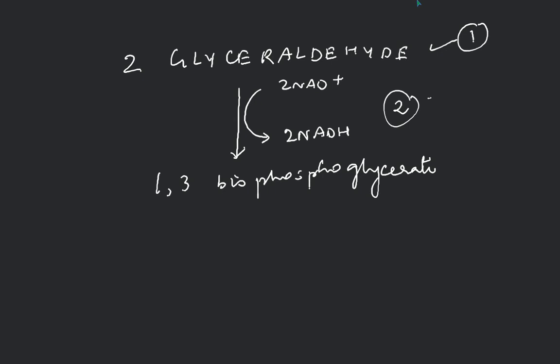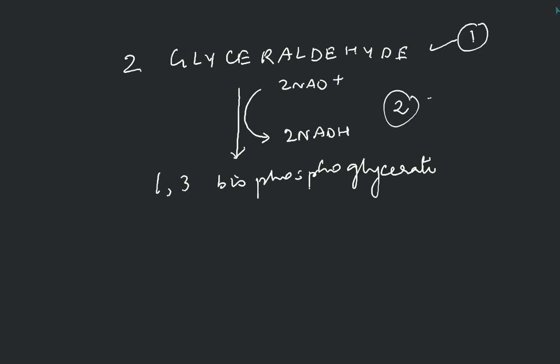In the next step, two ATP molecules are formed, and hydrolysis takes place. So the third step is two phosphate groups from the two ATP molecules are joined to form glucose. ATP is getting utilized here.